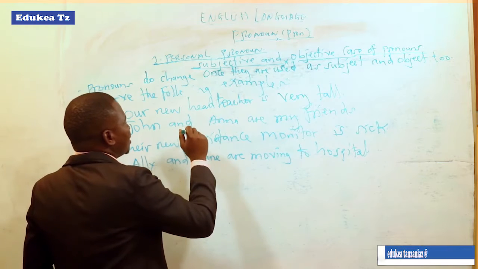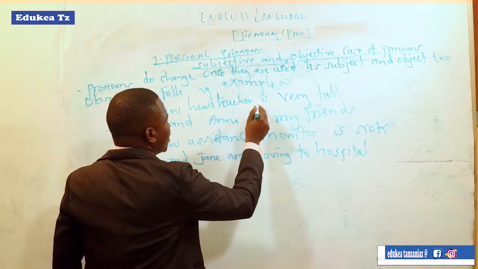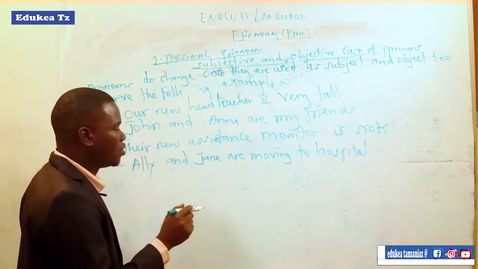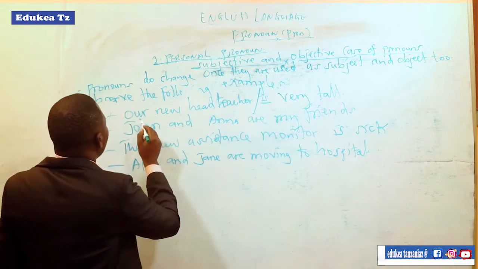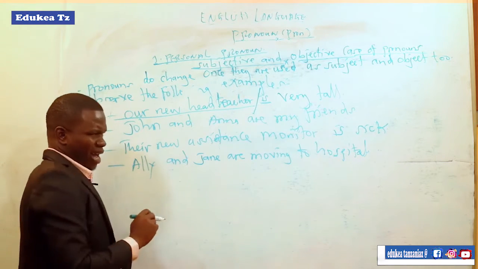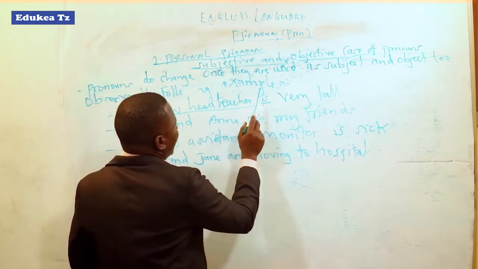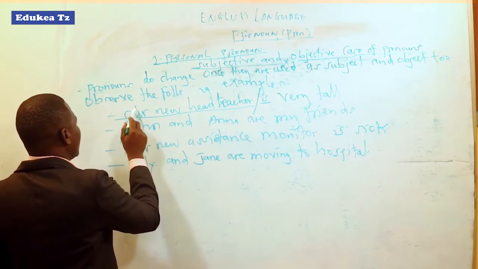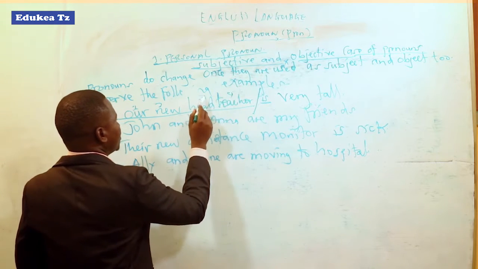Here our verb is the auxiliary is, that is the verb to be. This is where the subject ends. So all these words, our new head teacher, are the subject. Then our sentence becomes: our new head teacher is very tall. Here, our subject has 1, 2, 3, 4 words.